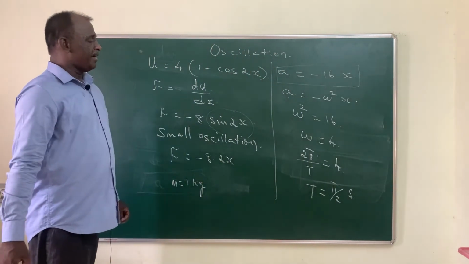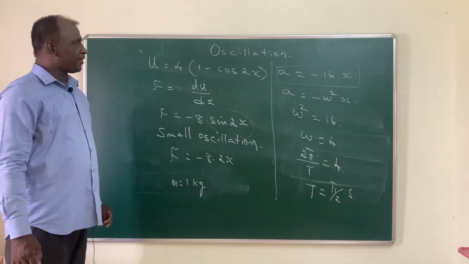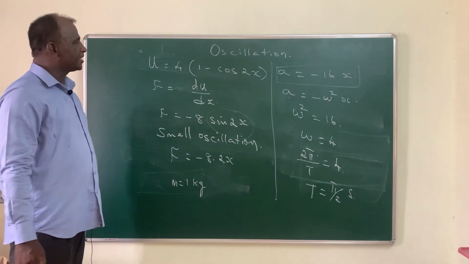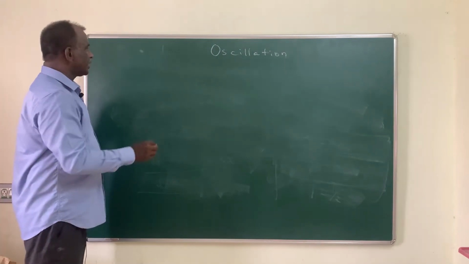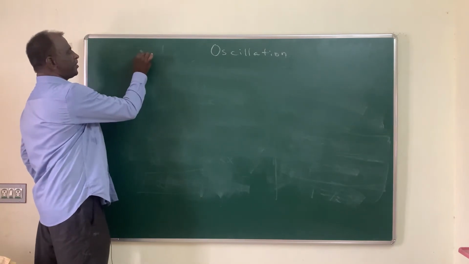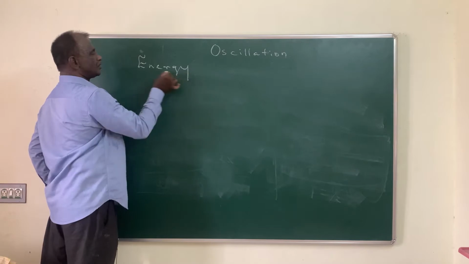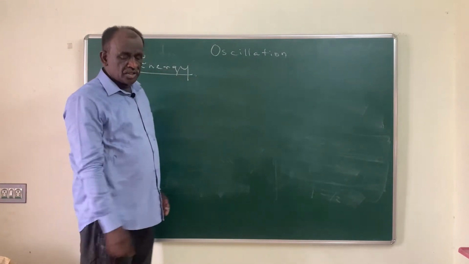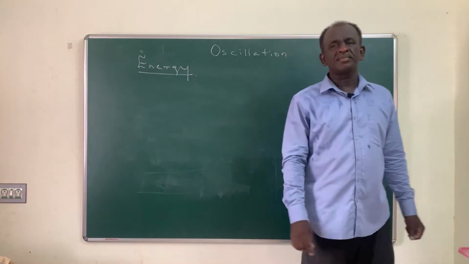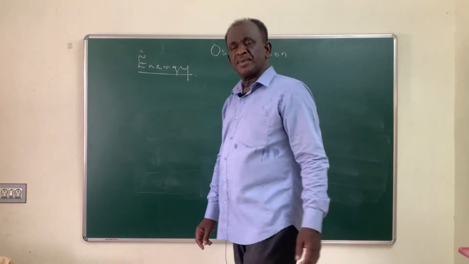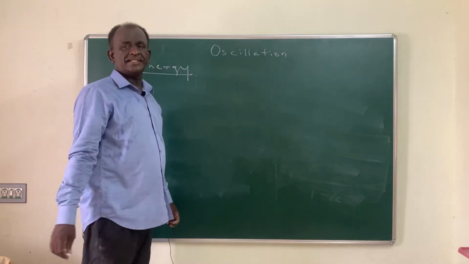So this is the way we find the period of oscillation associated with a particle that executes simple harmonic motion. Now let us find the energy of a particle executing simple harmonic motion. The total energy is a summation of the potential energy as well as the kinetic energy.